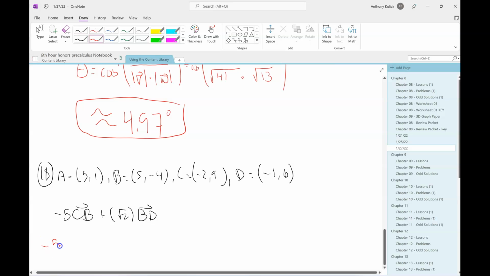So I'm going to start by resolving CB in component form. I'm going to use the head minus tail rule. So I'll do head minus tail, and then head minus tail. And same thing here. Head minus tail, and then head minus tail.